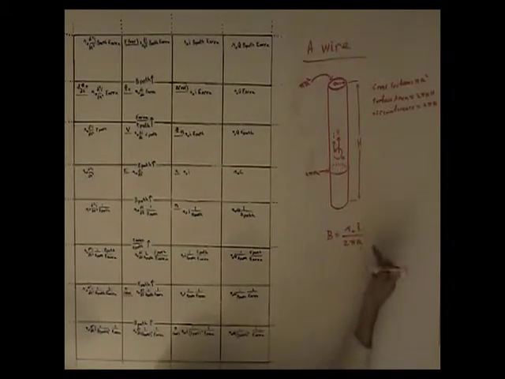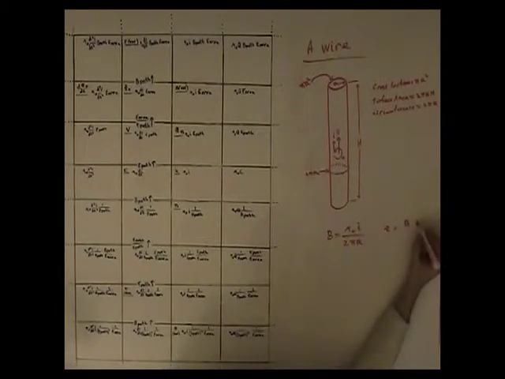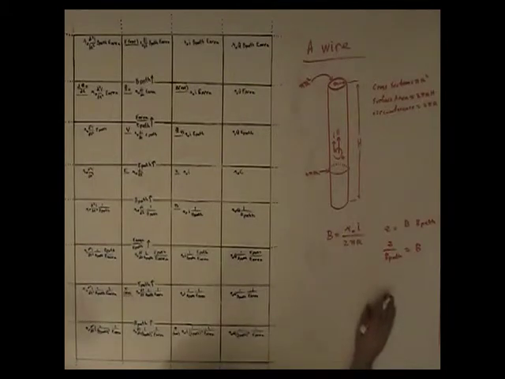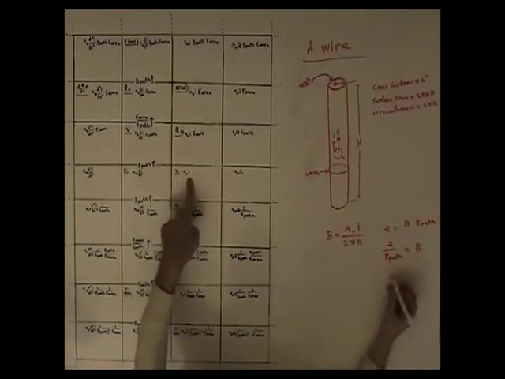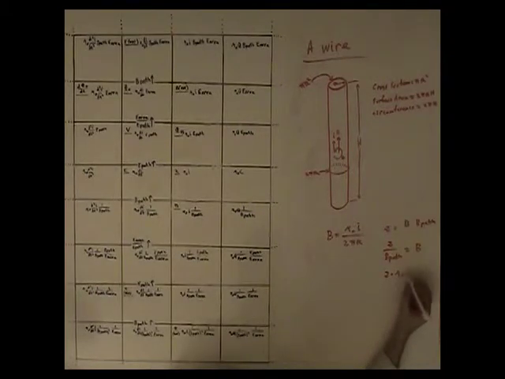Okay, well, B is mu naught I over 2 pi r. And we can look here at our chart and see that Z equals B times B path, or Z over B path equals B. And we also see that Z equals mu naught I. So this says B equals Z over some distance, which must be B path.